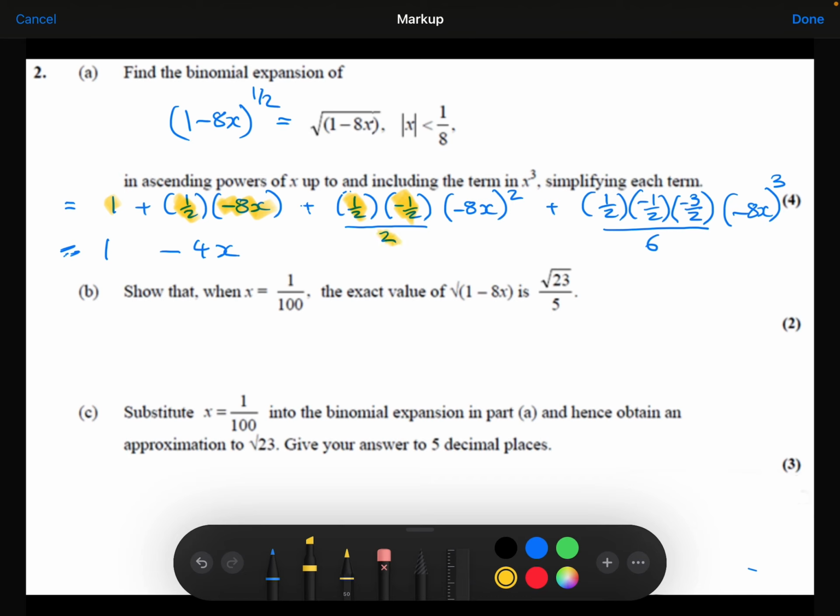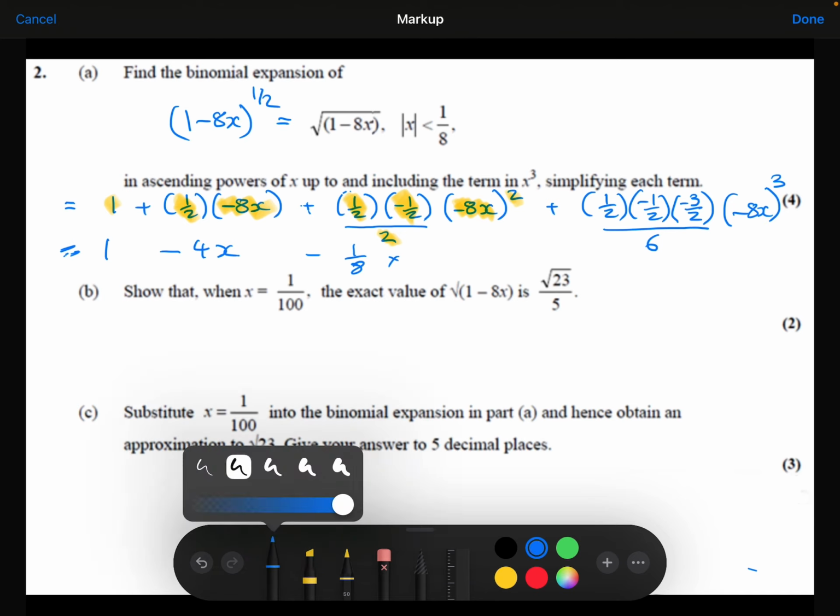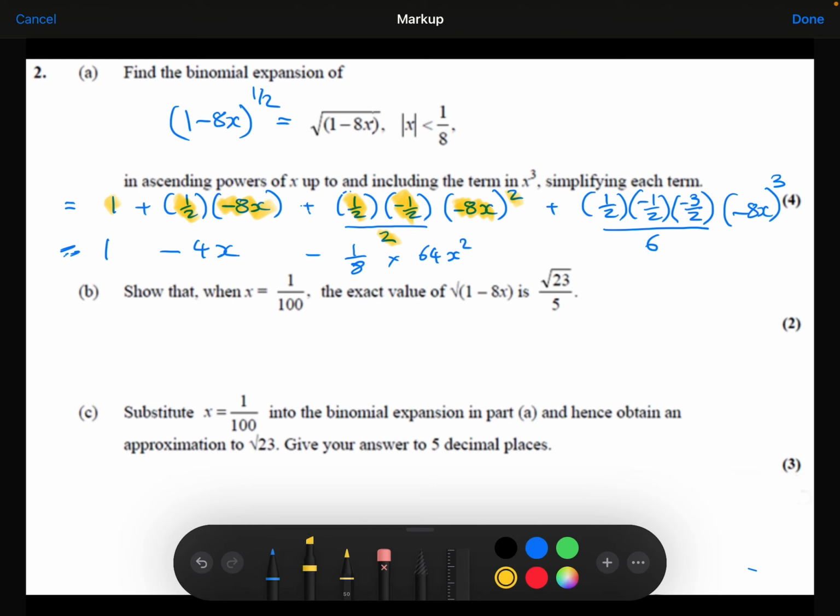Divided by 2 will be minus 1/8. Which is then going to be multiplied by minus 8x all squared. So minus 8x times minus 8x will give you plus 64x squared. And we'll simplify that in a minute.